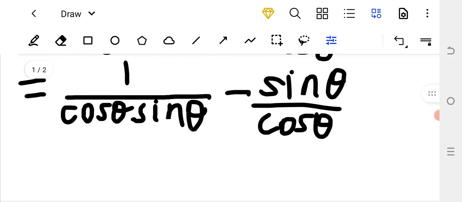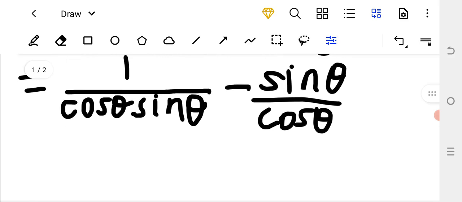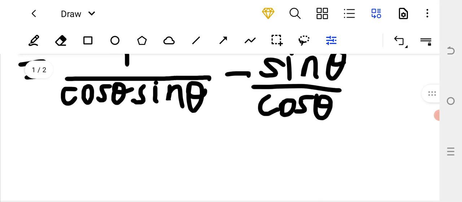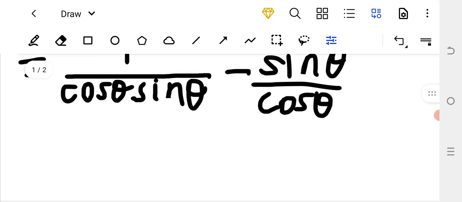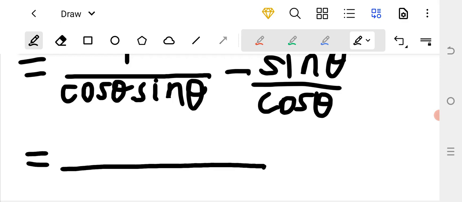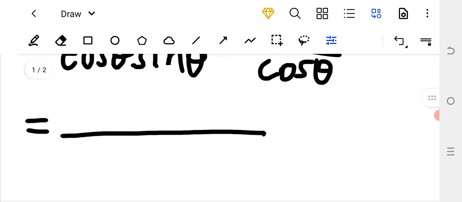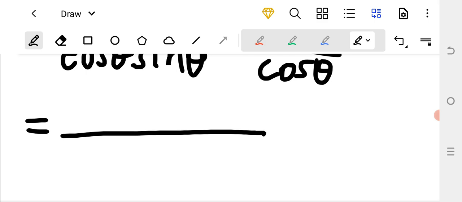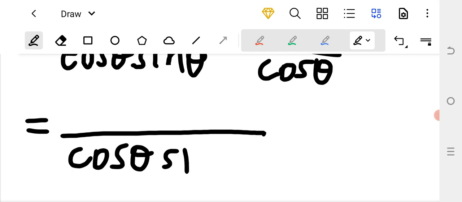You look for the lowest common denominator, because now we have 2 fractions. Lowest common denominator here is what? Cos theta can go into cos theta sine theta, and cos theta sine theta can also go into cos theta sine theta. So the lowest common denominator will be cos theta sine theta.